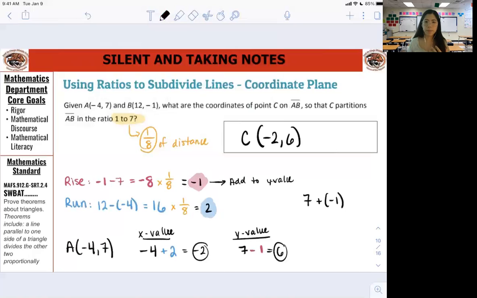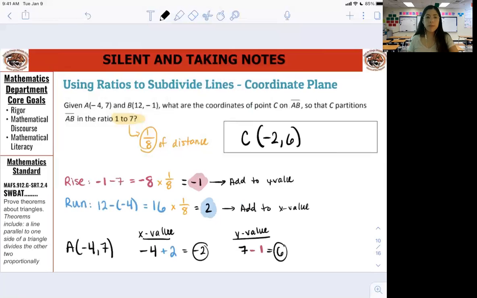I'm just subtracting. So whatever answer you get, if it's a positive number, you're just adding it to the x or the y value. If it's a negative number, you're subtracting it from the x or y value. And I'll write that down here. We're just gonna keep doing it until we get it right.